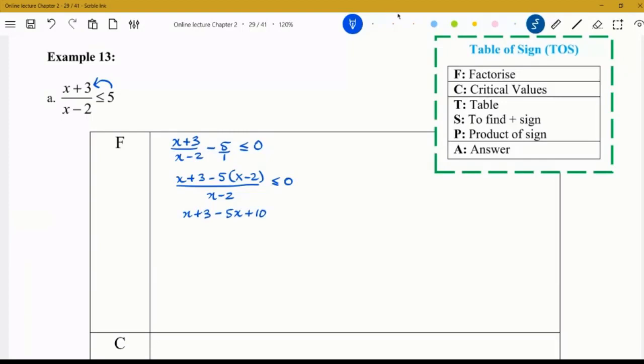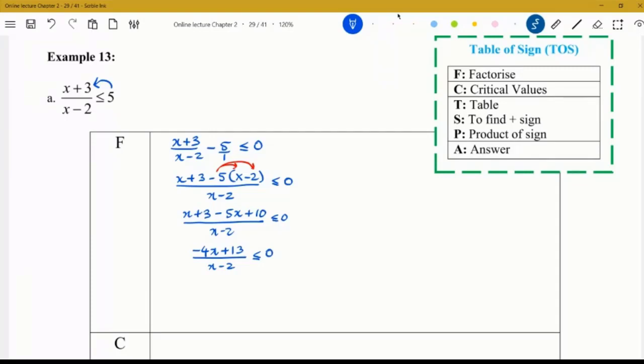So hati-hati dengan minus ni. Make sure ada bracket. So (minus 5x plus 10) over x minus 2 is less than equal 0. Okay, so simplify, kita akan dapat negative 4x plus 17, should be plus 13, over x minus 2 less than equal 0.